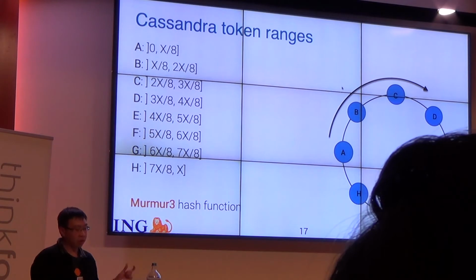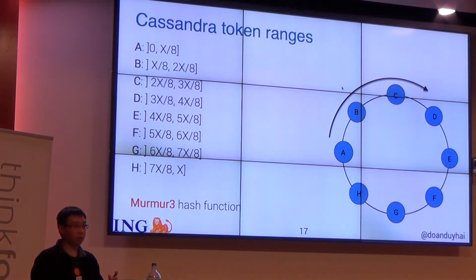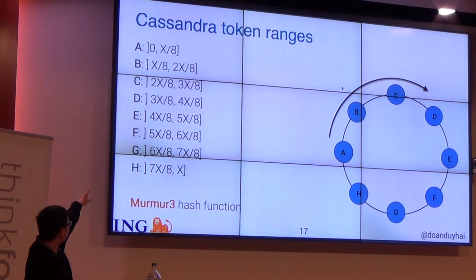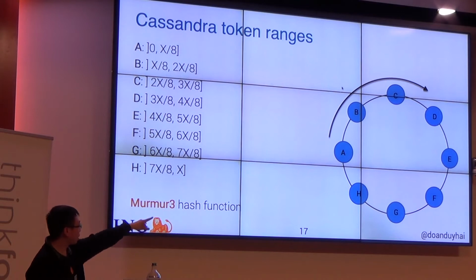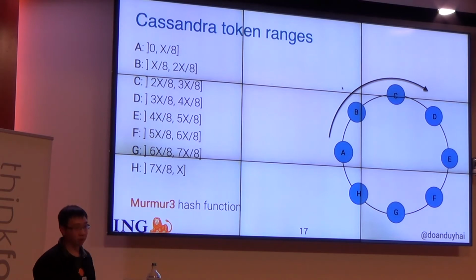If I insert data, Cassandra computes the hash and gives me the token. If the token is in the D interval, Cassandra will assign the data to the node D. So intuitively, if we choose a very distributed hash function, we can guarantee a uniform distribution of data on the cluster.